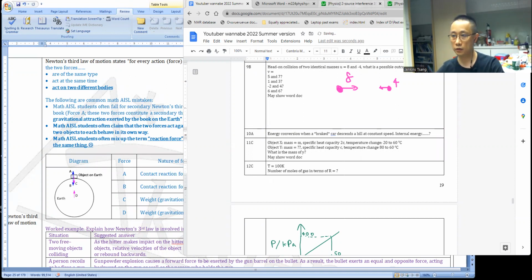Momentum is a vector, and the consequence of momentum being a vector is that when you have a collision during which the objects collide head-on, you actually need to subtract the magnitudes of the momentum. So the momentum of the system is actually 8m minus 4m, which equals 4m. And you guys just need to see which choices will also give rise to a final momentum of 4m.